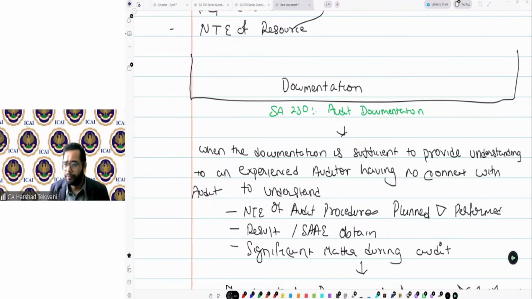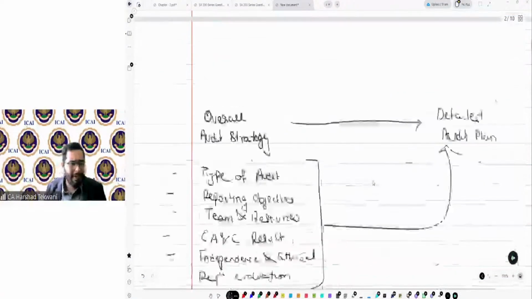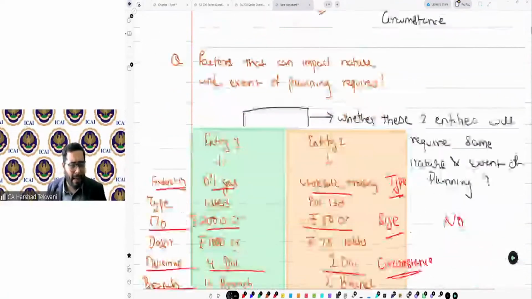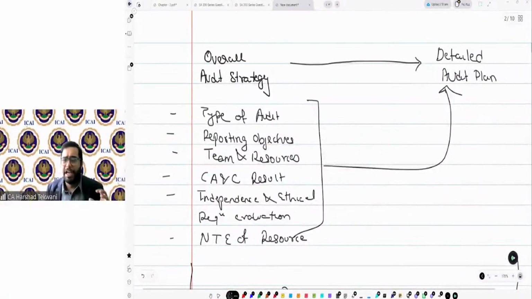Okay. Any doubt till now? Just understanding, with the understanding of overall planning, overall audit strategy, detailed audit plan, how it is important, why it is important.